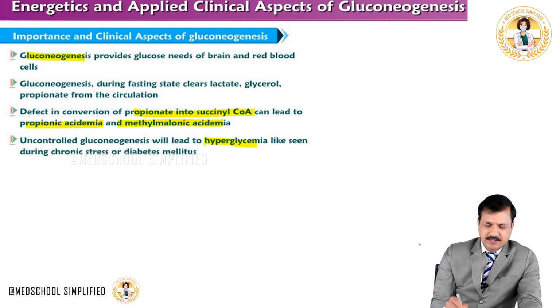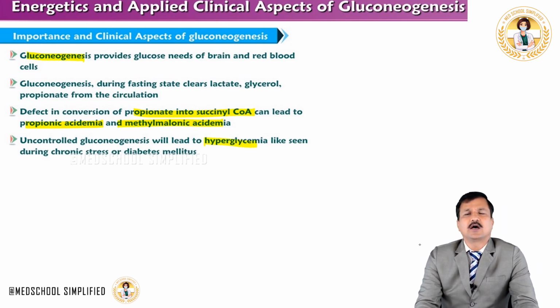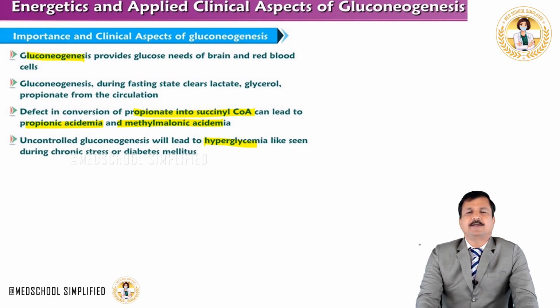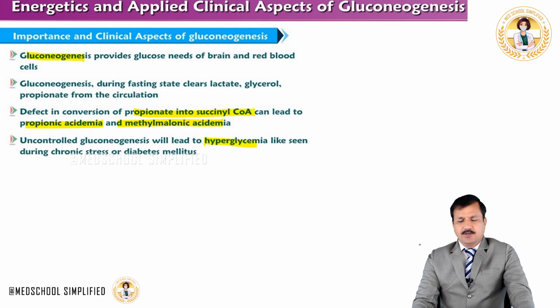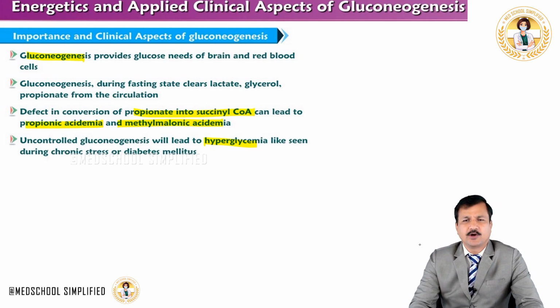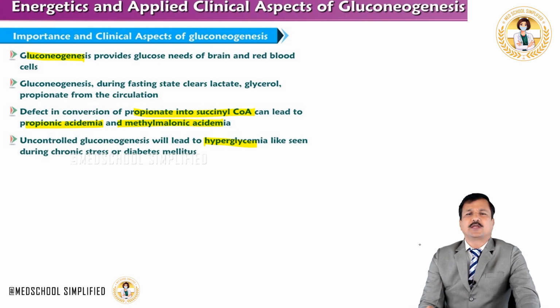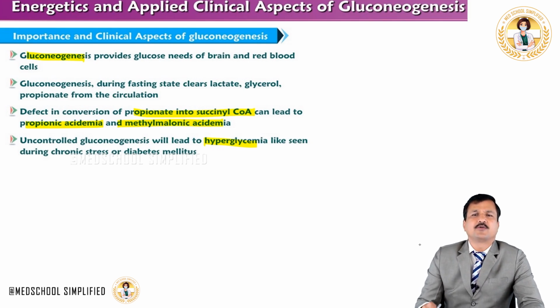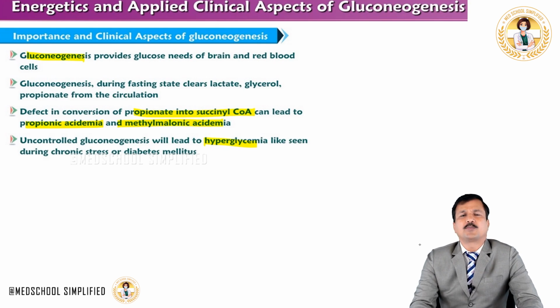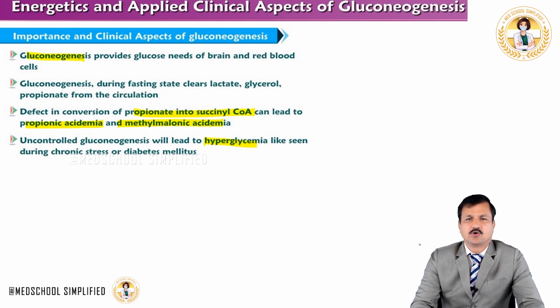This hyperglycemia decreases immune capacity, leads to a compromised immune mechanism in the body, and decreases the healing process, with many other consequences, not allowing a proper healing process to go on.